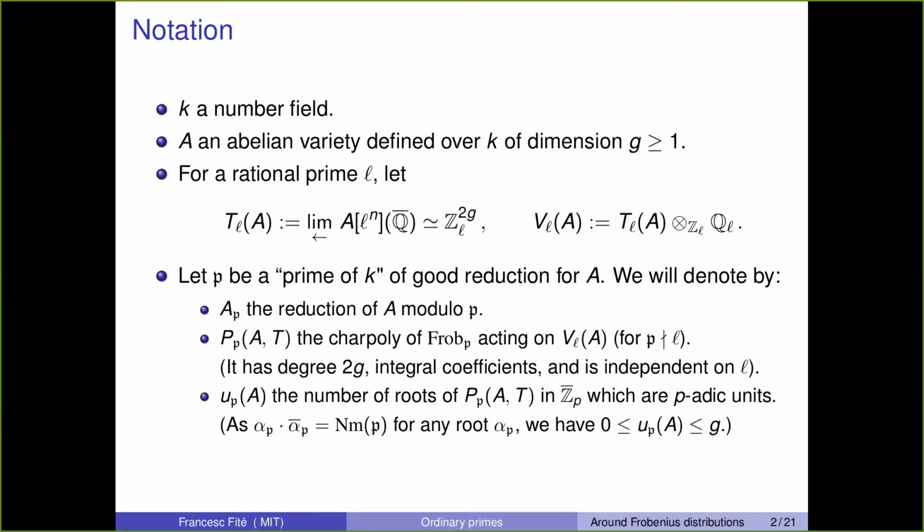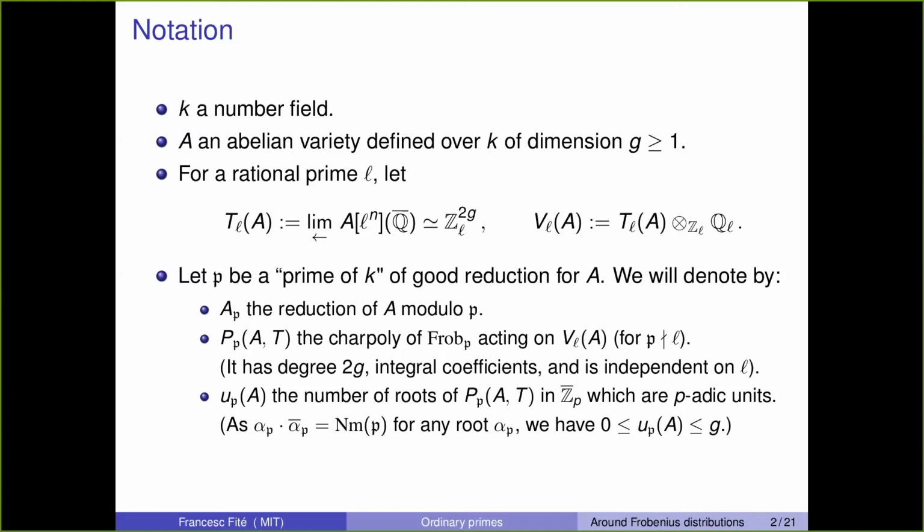Because of Weil's theorem, we know that the roots of the characteristic polynomial of Frobenius come in conjugate pairs, which multiply up to the norm of p. Therefore, at most one root in such a pair can have p-adic valuation 0.